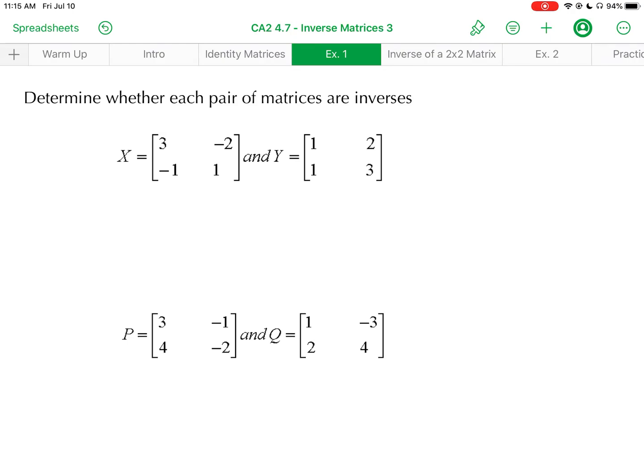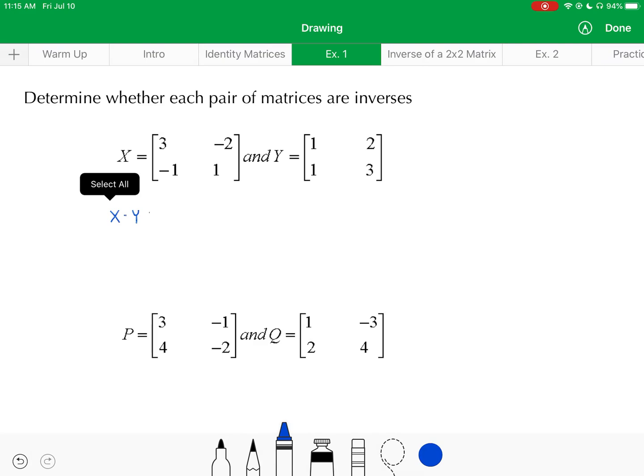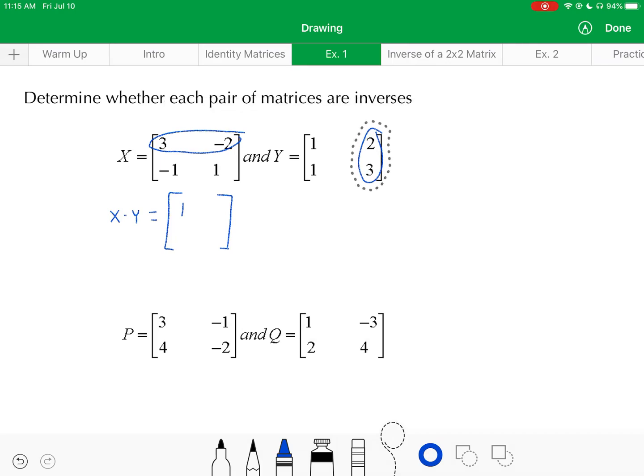I have inverses. So if I try to find x times y, I know a 2 by 2 times a 2 by 2 is going to result in a 2 by 2. If I go with first row and first column elements, 3 times 1 added with -2 times 1 is going to give me 1. If I go with first row, second column elements, 3 times 2 added with -2 times 3 will give me 0.